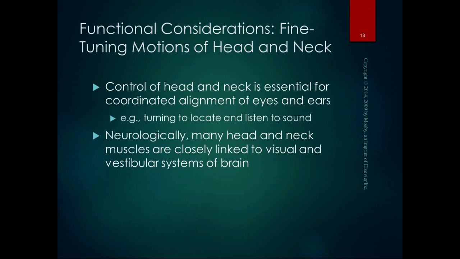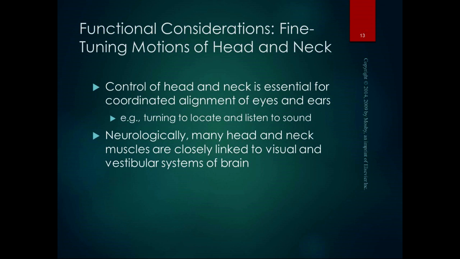We have reflexes that cause us to turn towards a sound. Neurologically, many of the head and neck muscles are closely linked to visual and vestibular systems of the brain. So when we're talking about balance, I always tell patients, I probably say this every single day in the clinic, but there are three main sensory inputs to balance: eyes, ears, and feet, if you want to say it that way.